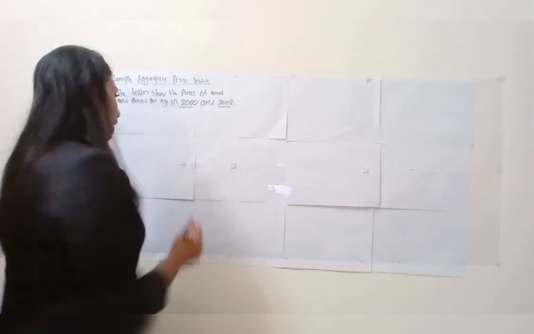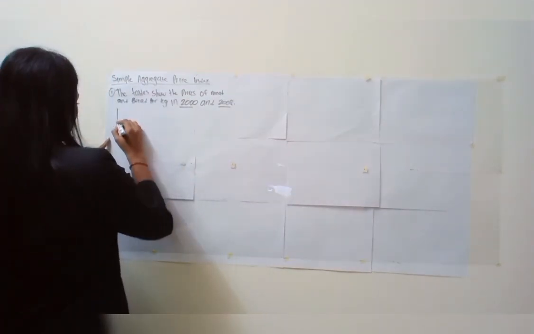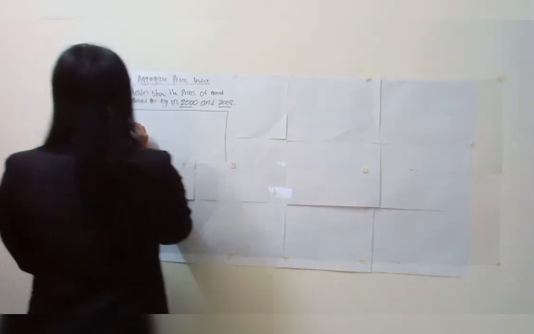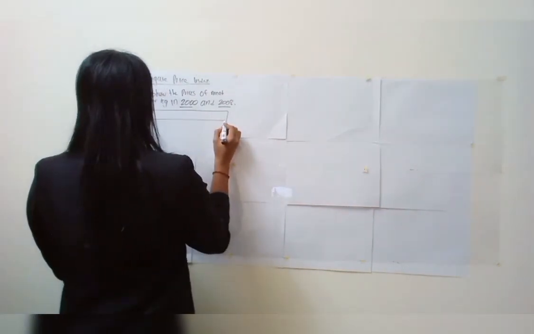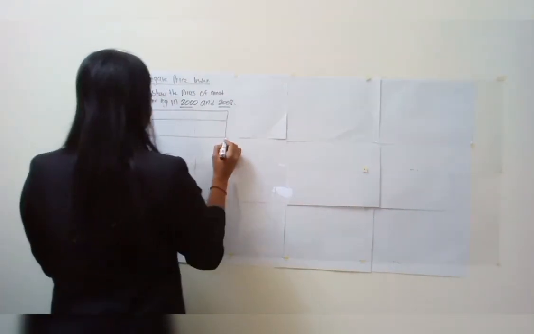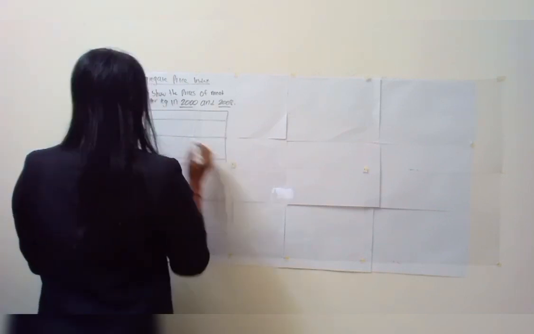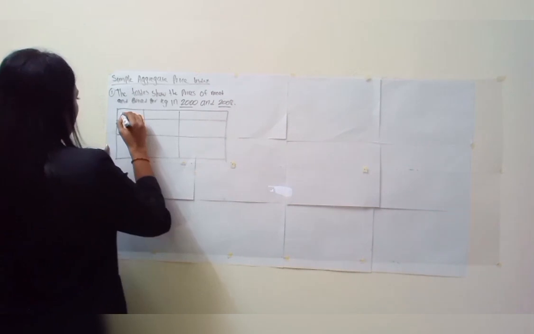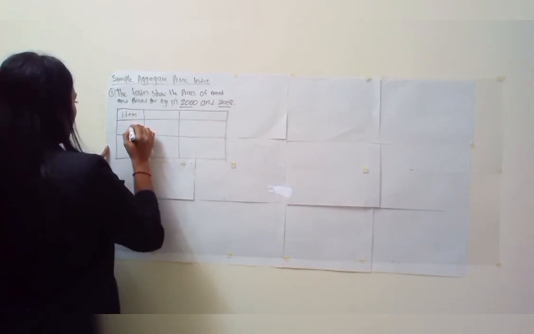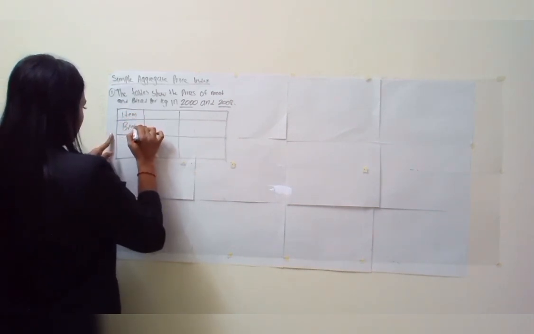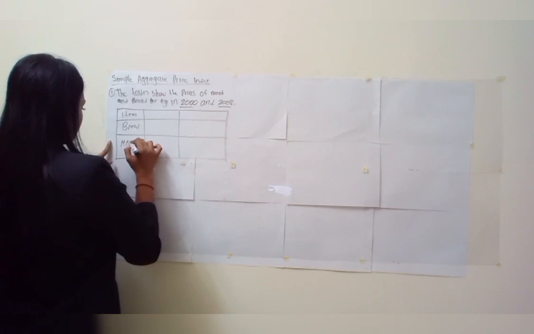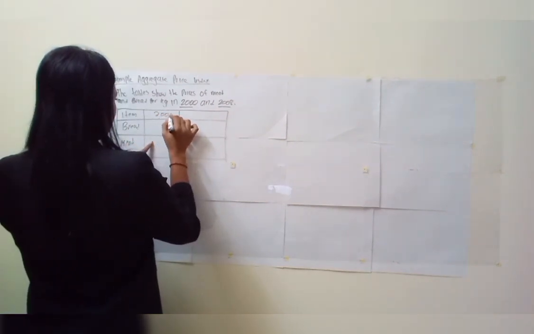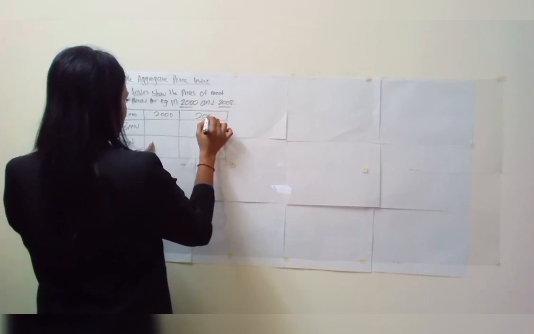Let me draw. The items are bread and meat, with 2000 and 2008.